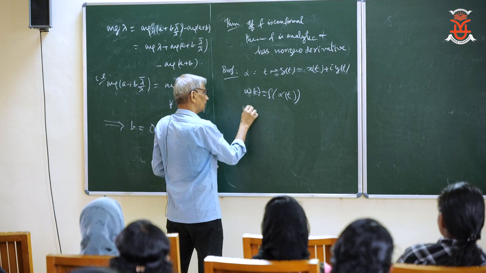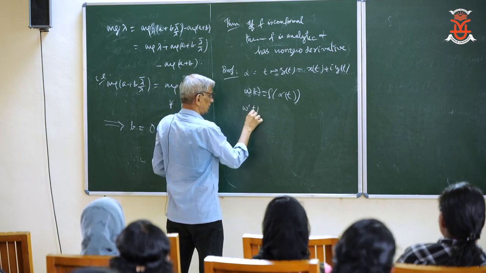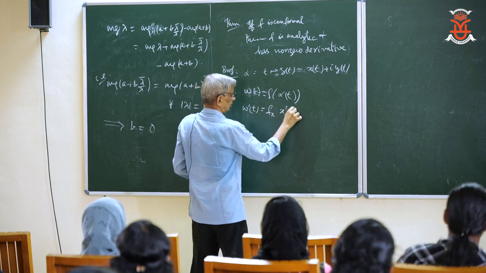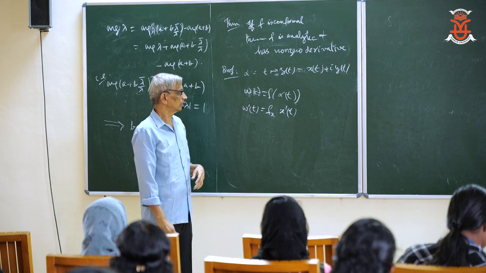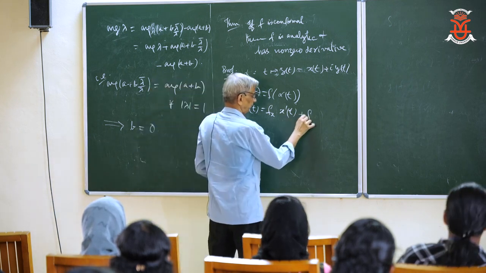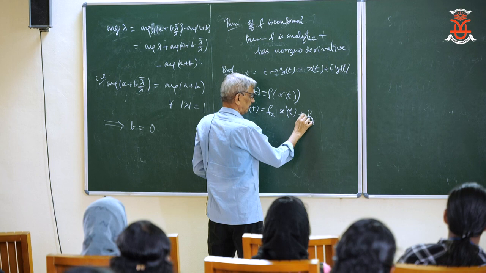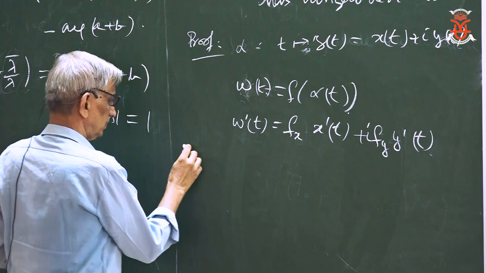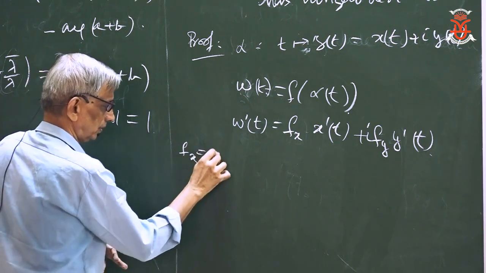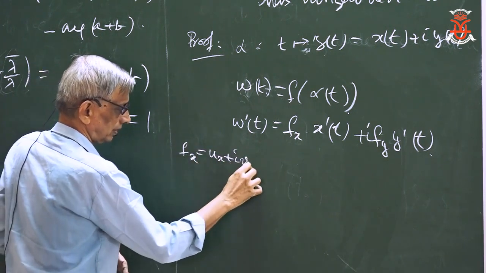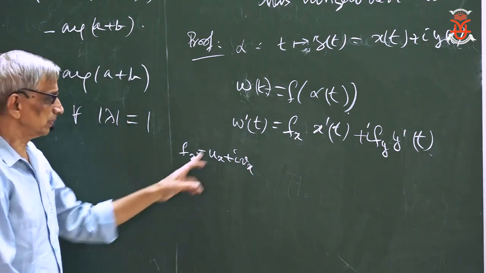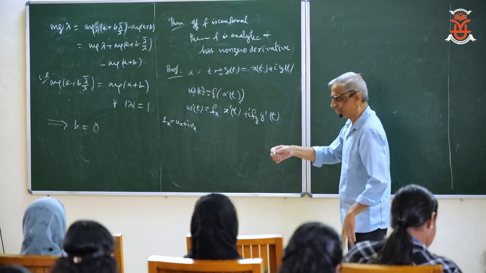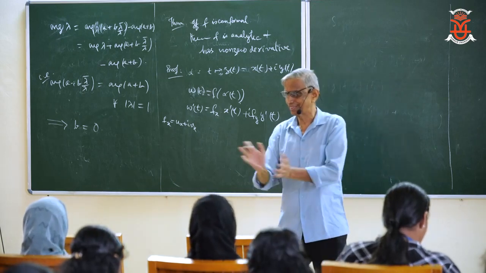So w prime(t) will be, we'll get an i, suppose. What is f_x now? f_x is u_x plus i v_x, and similarly f_y. I'm going to write down what you must check. Just multiply out and check.